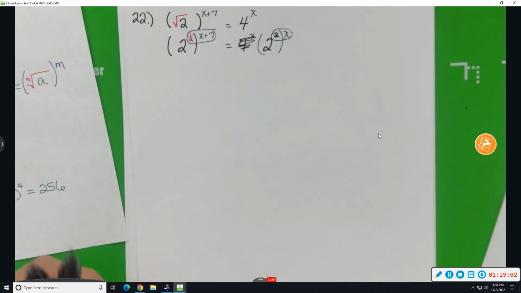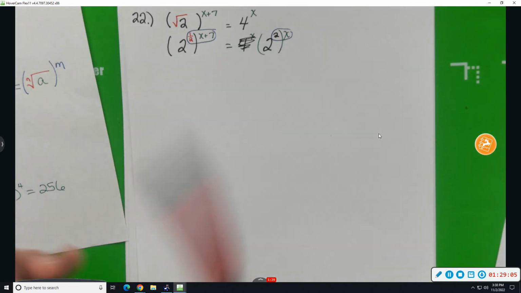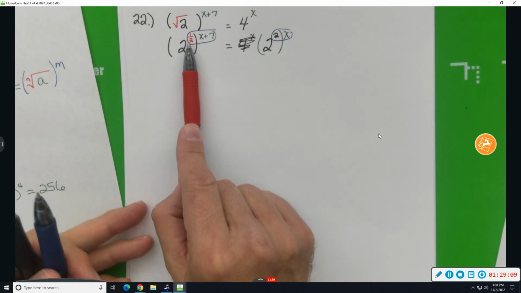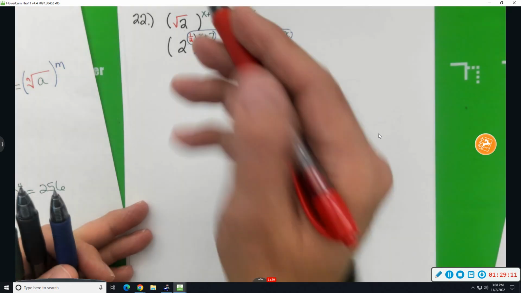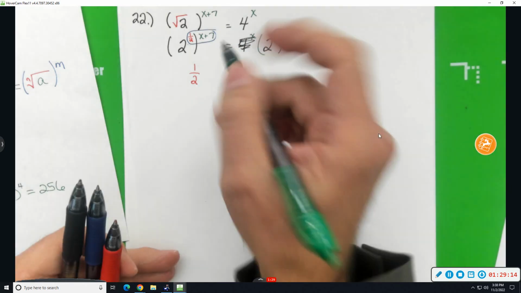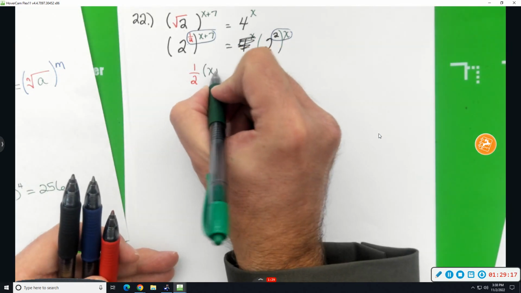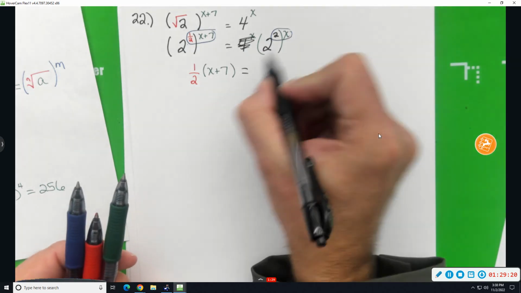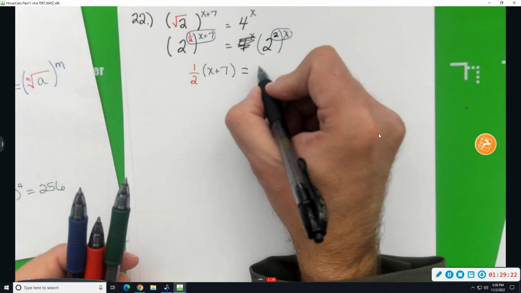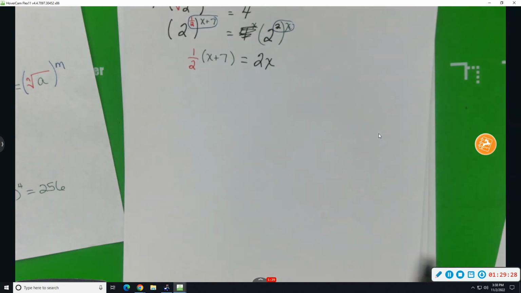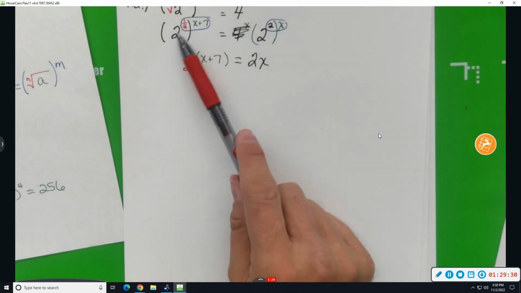But for this one, where there's this fractional exponent, instead of distributing, I think if you just write it like this, 1/2 times x plus 7 equals, now I'll multiply those and just say 2x. I think this is going to be an easier way of solving the equation than distributing the 1/2.